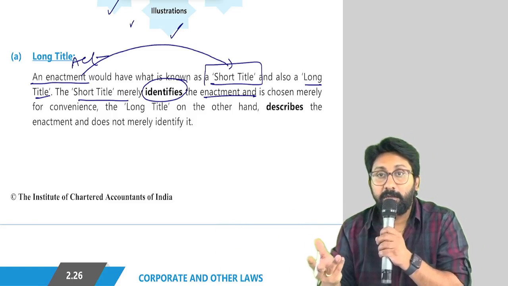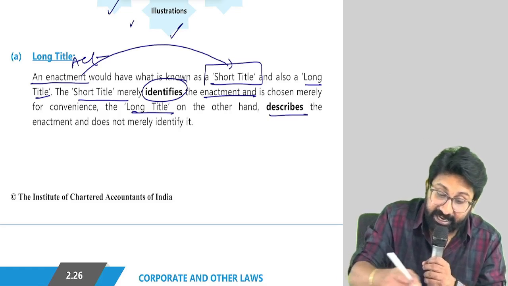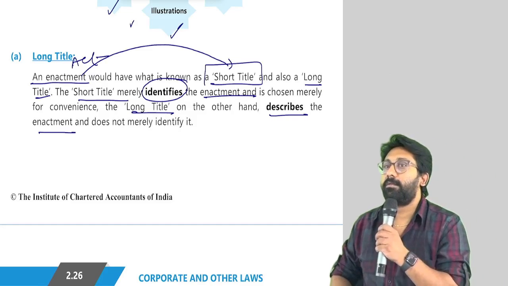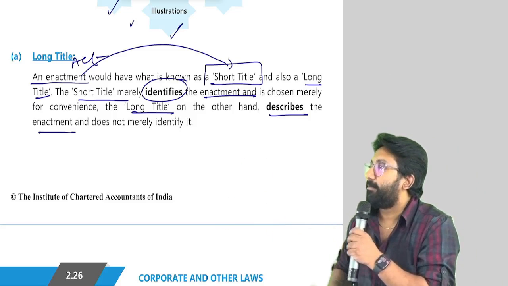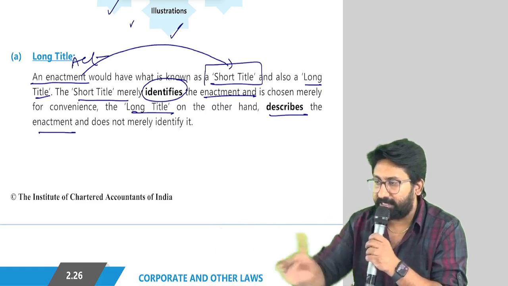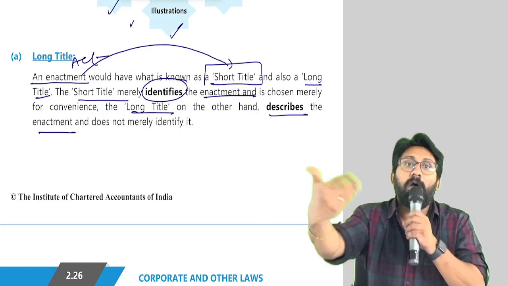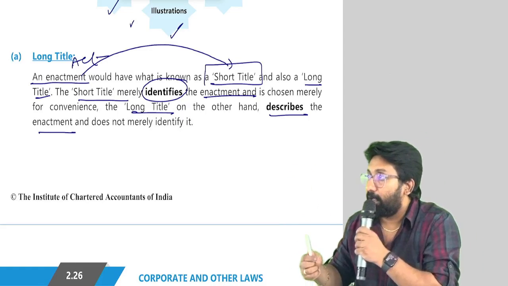Long title, on the other hand, describes the enactment. Short title will just identify: this is the Companies Act, this is the LLP Act, this is the FEMA Act. Description will be given in the long title.